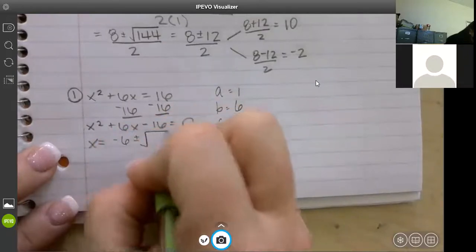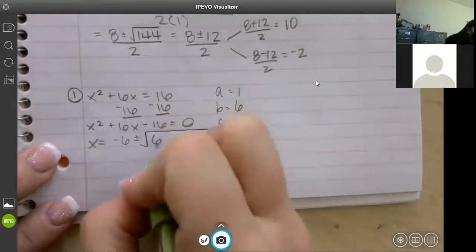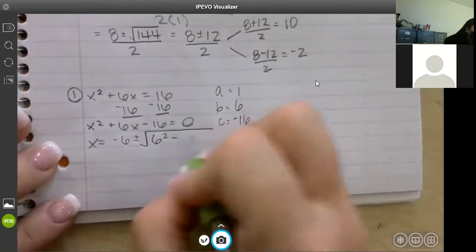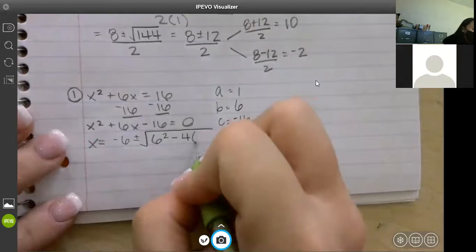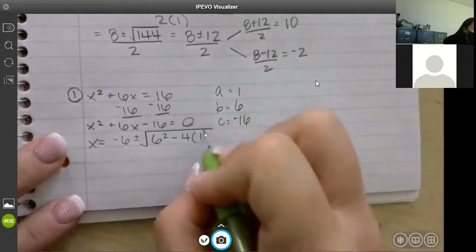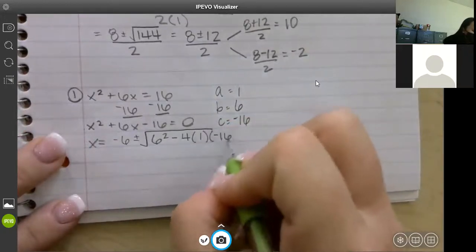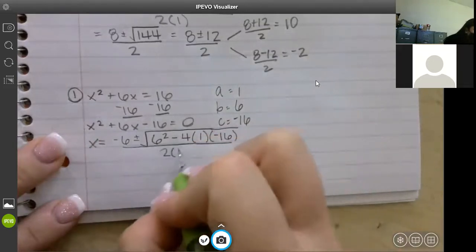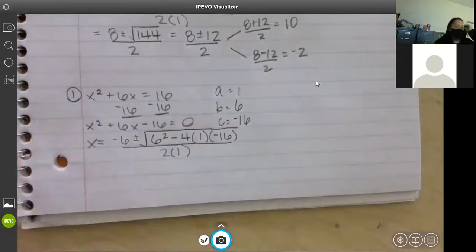Plus or minus, big fat square root sign. Again, I always do the positive. So 6 squared minus 4 times what is a? What is c? -16. All over 2 times a is 1.